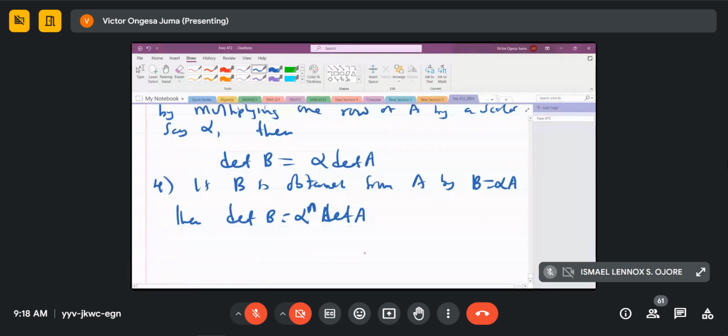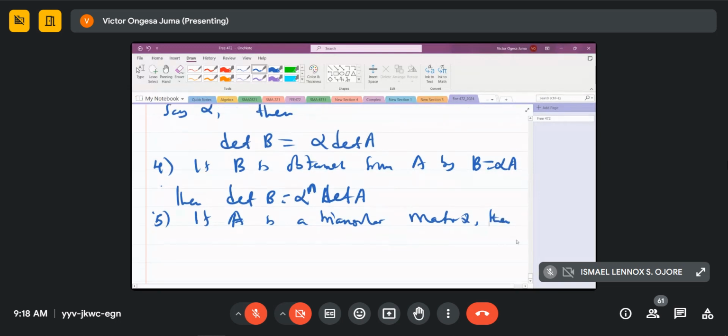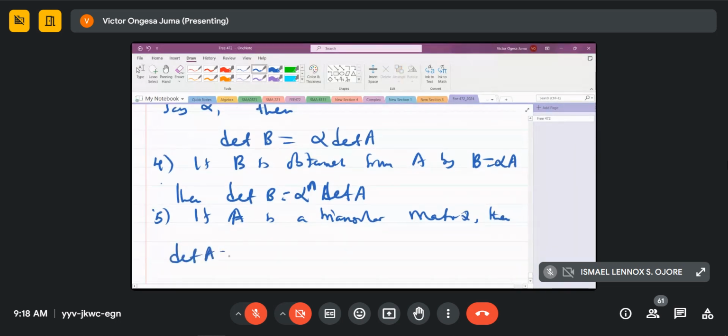And then the most important property about this Gaussian elimination method, five: if you have a triangular matrix, then the determinant of a triangular matrix is obtained by just the product of the main diagonal. If A is a triangular matrix, then the determinant of A is the same as what?